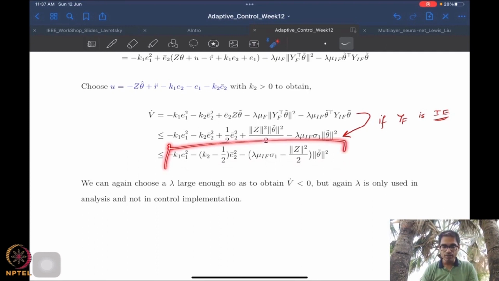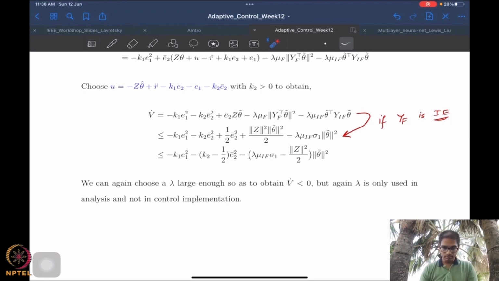And of course, in the presence of initial excitation, I can show convergence of e1, e2 bar, and theta tilde. All right. So in the presence of initial excitation, everything is great. No problem. Just like before, I have convergence of all three parameters. I only require initial excitation and not persistent excitation. So my performance is really nice. I can dominate this term with a large lambda, a lambda which is not going into my control implementation. So it doesn't matter to me.